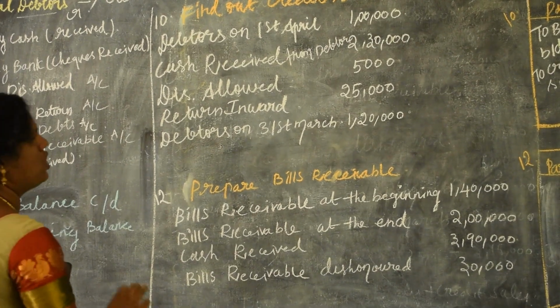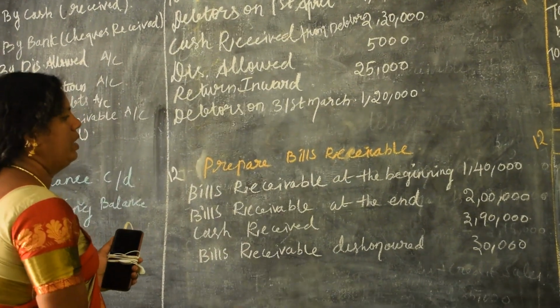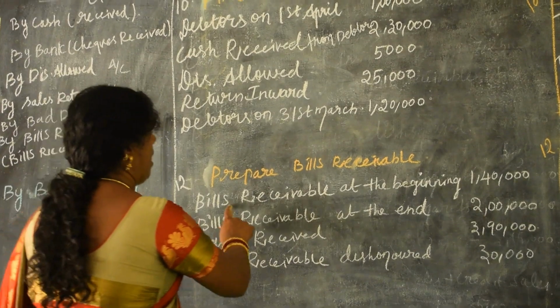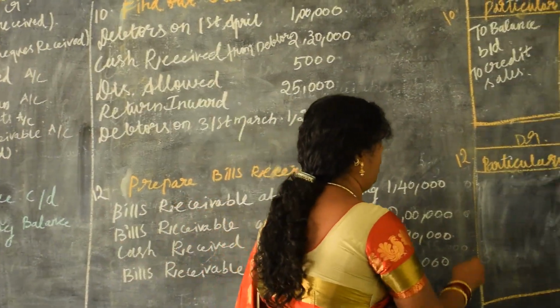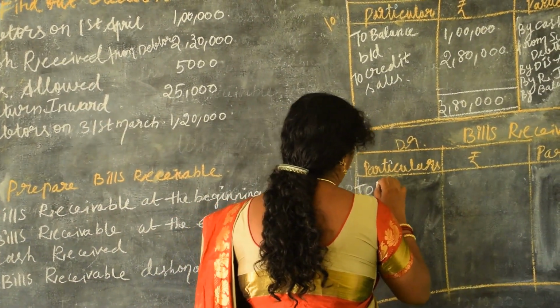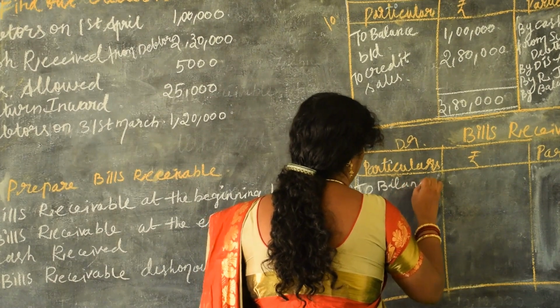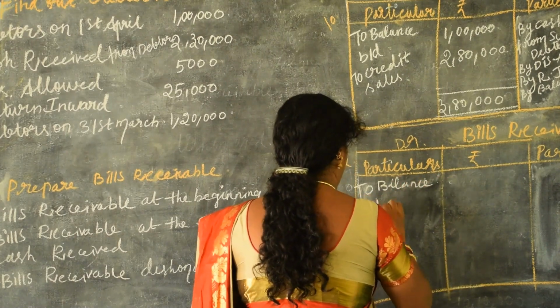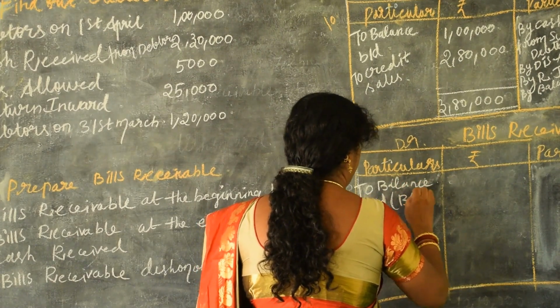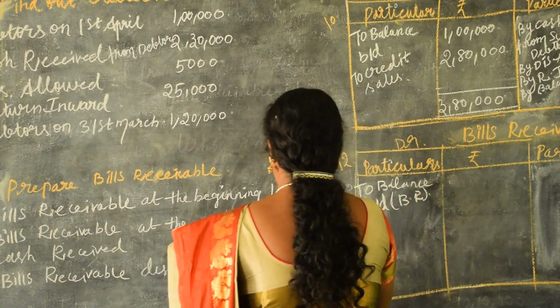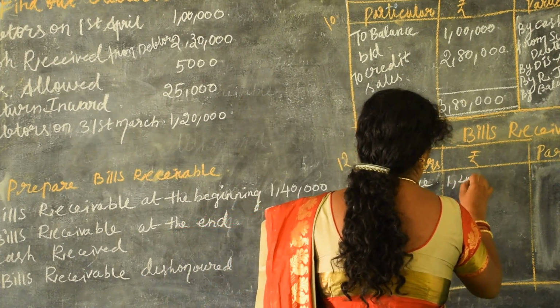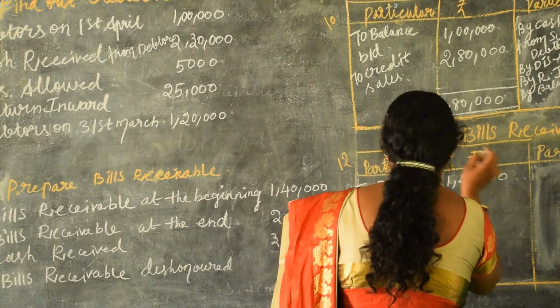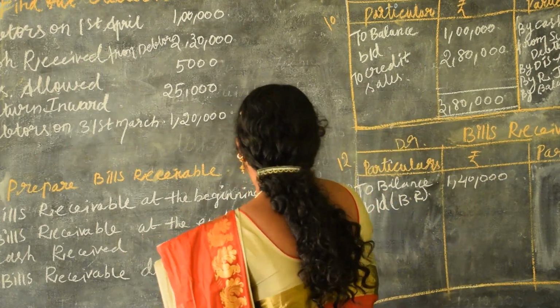Yes, the same procedure is what you are going to follow over here also. Write bills receivable at the beginning of the year. To balance b/d. Here write in the bracket bills receivable. How much? 1,40,000. Then bills receivable at the end.